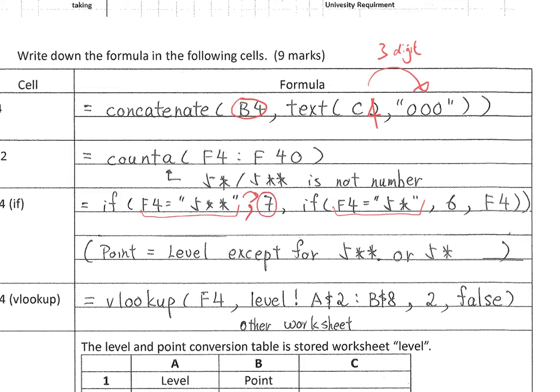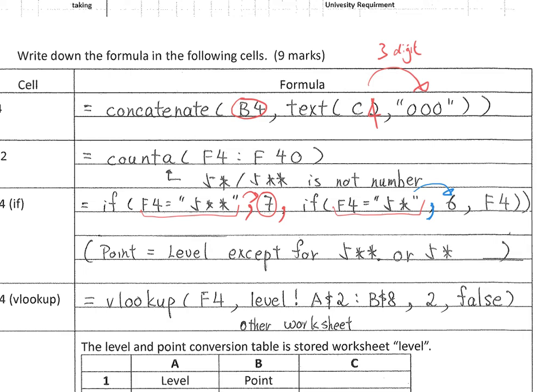If it is not 5 star star, then we go to the second comma, and here we check whether it is 5 star. If it is 5 star, then after this comma, 6 marks will be taken.